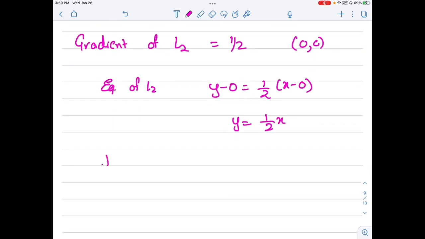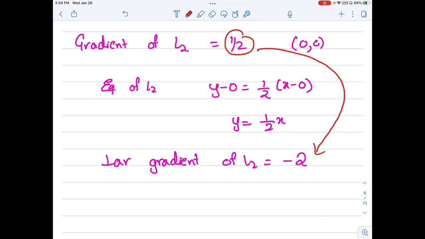Now, the perpendicular gradient for L2, because AC is perpendicular to L2. The perpendicular gradient will be minus 2, because it was 1 upon 2: take the reciprocal and change the sign. So I can find the equation of AC.